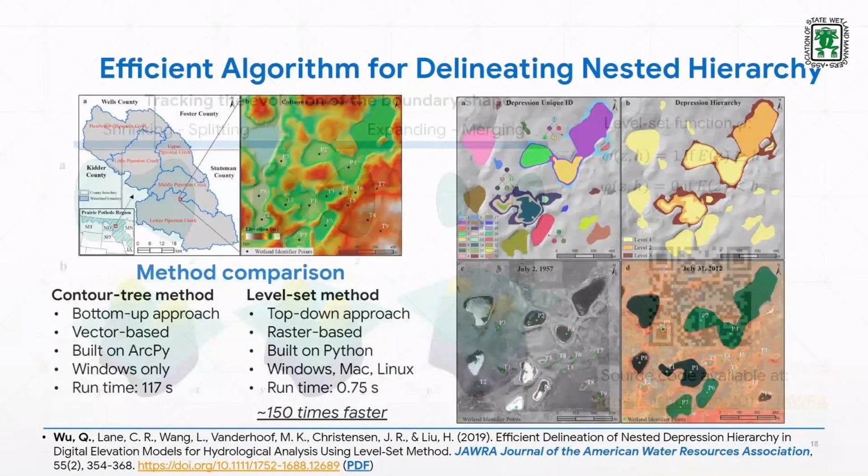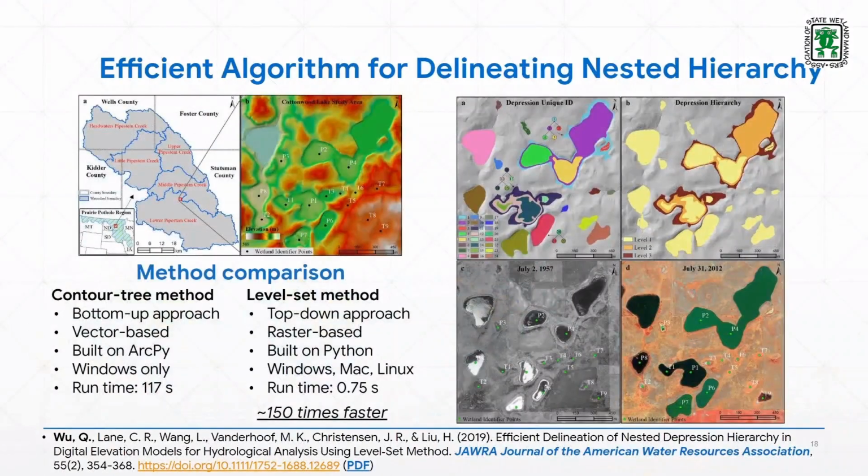Here is more information about the results. We use bathymetry LiDAR data to delineate the hierarchy. If you see the lower right corner here, this is the current inundation status. Some of those wetlands already merge together. For example, P2 and P4 already merged into a bigger one.